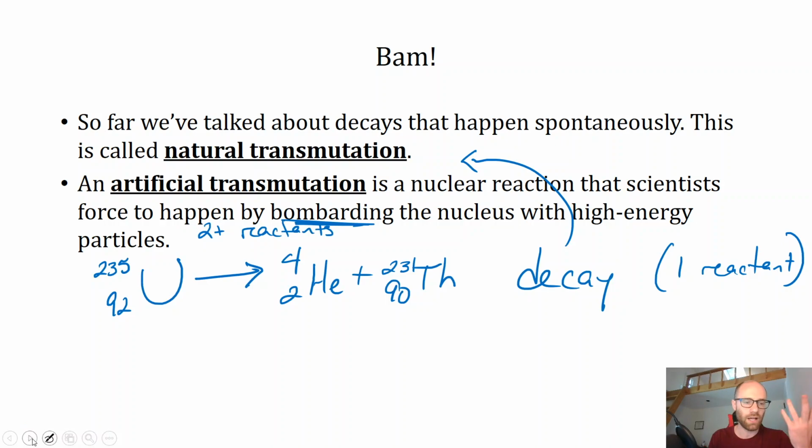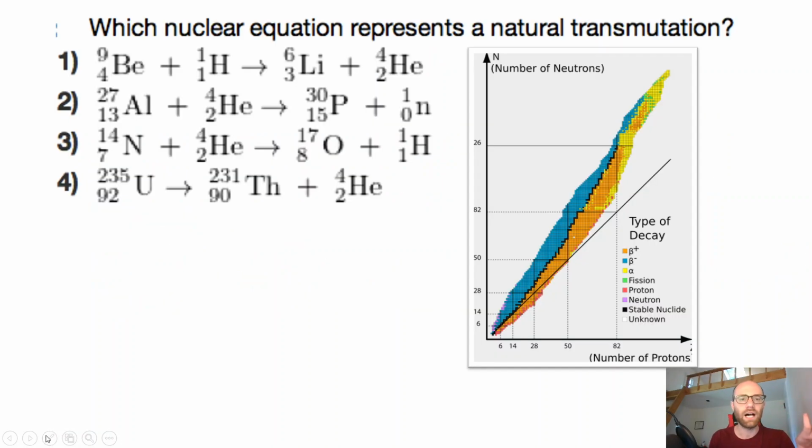Looking at a question that you might see on a test or quiz to say which one represents natural transmutation, note that in 3 of the 4 choices, there are 2 reactants. So here are some examples of what artificial transmutation would look like. But number 4, just by chance I picked that one again, is the example of natural transmutation.